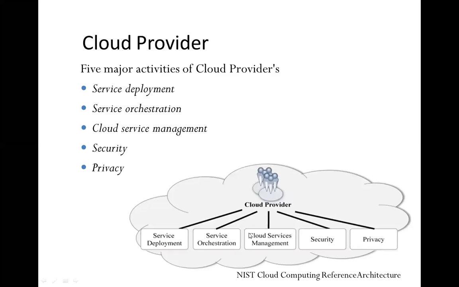Service orchestration means if there is an issue related to managing, increasing, or decreasing any kind of service, that is under service orchestration. Cloud service management is managing everything related to the cloud. The cloud provider also provides security, and along with the security, the privacy related to that.